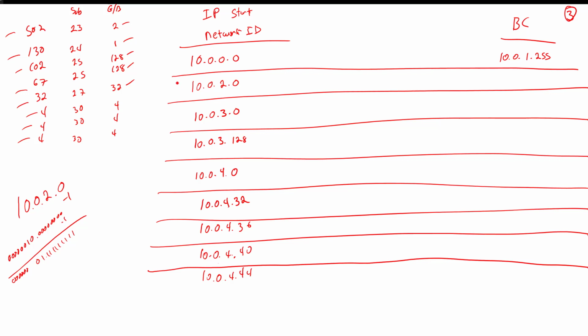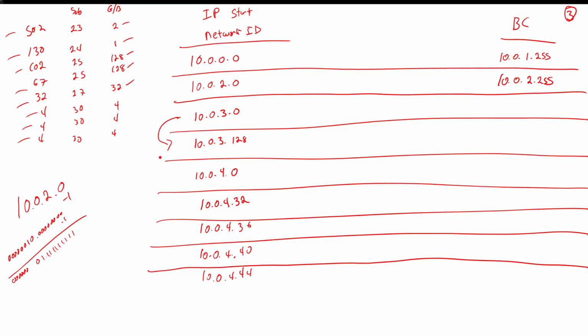Broadcast for the next network. So for the second network, we look at the third network, 3.0, subtract 1 from the 4th octet. All right. So for the third network, we look at the 4th network and subtract 1 from the 4th octet. Oh, wait, that's not a 0. We can subtract 1 from 128, so that becomes 10.0.3.127.